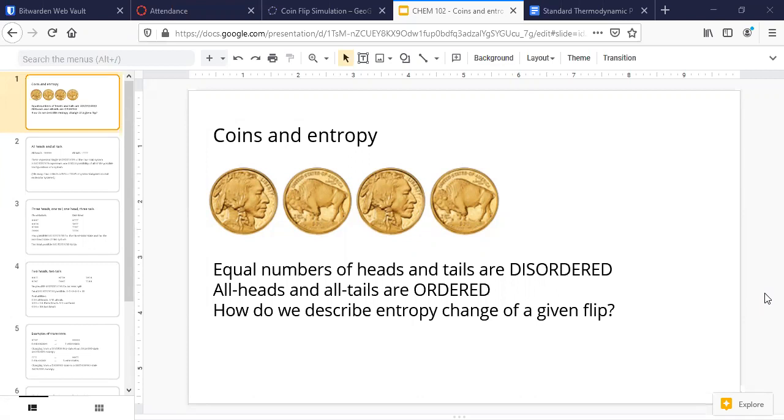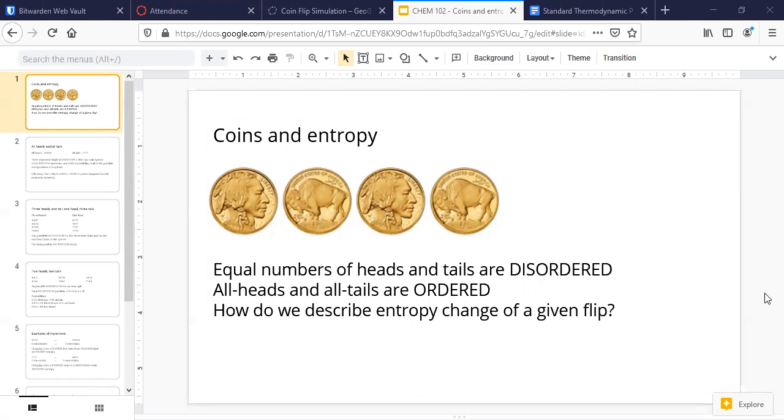If we talk about this 4 Buffalo nickel system, the state that I have up here with 2 heads and 2 tails is a state I'm going to dub a disordered state.